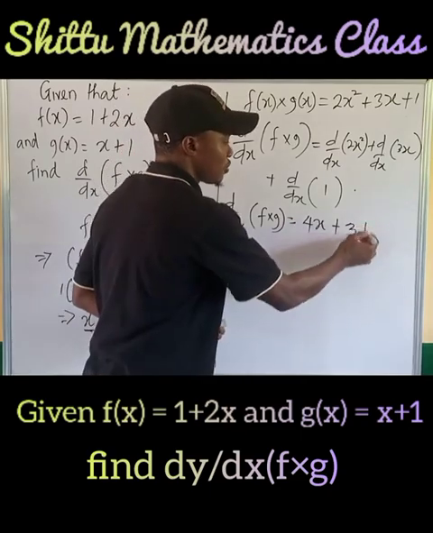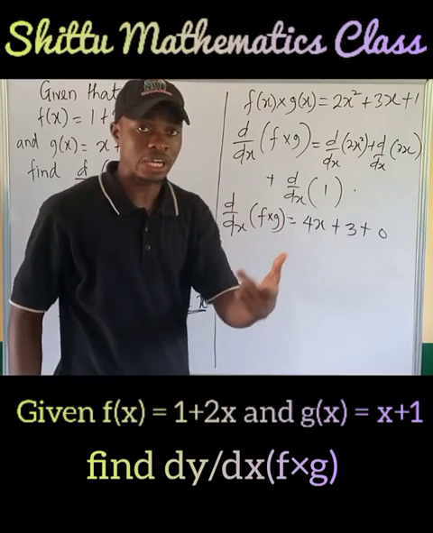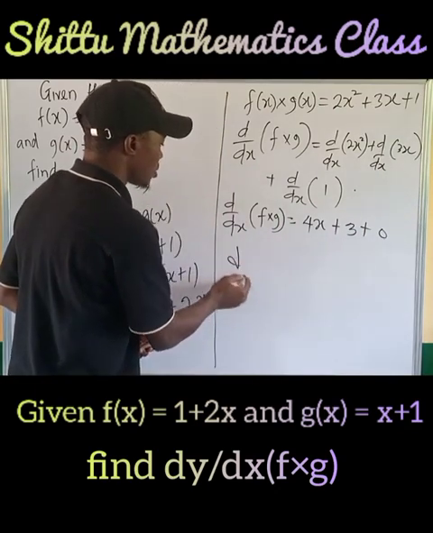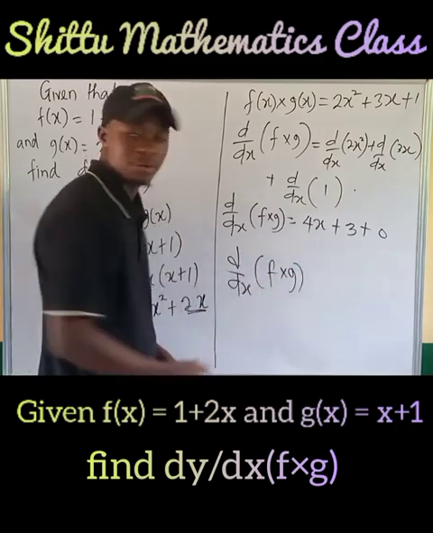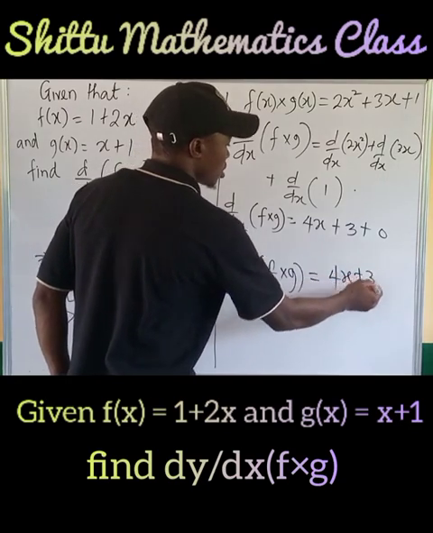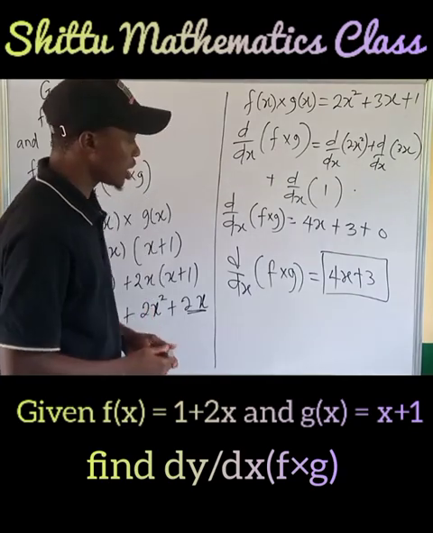That is, whenever you differentiate a constant, you are going to have 0. So therefore, lastly we have d dx of f multiplied by g equals 4x plus 3. And that is the solution to the problem we are given.